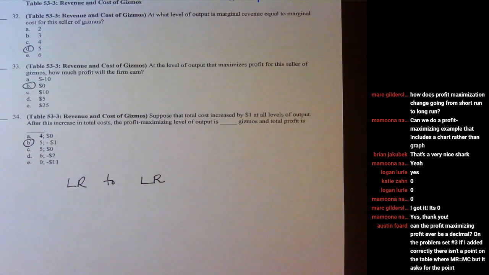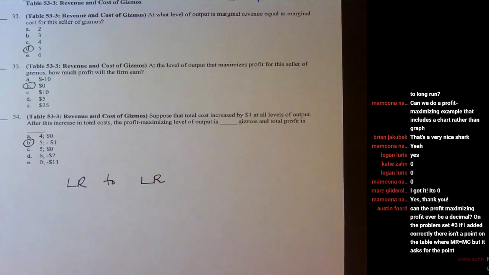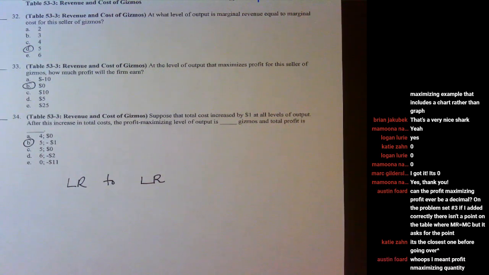Can the profit maximizing quantity ever be a decimal? Let me see if I can open that up again.